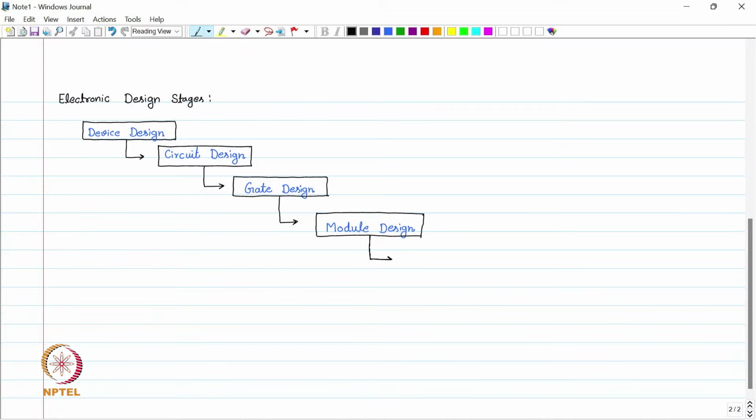After module design, we complete the IC design, or the integrated circuit design. And once we complete the IC design stage, we design the complete system, or we can say the system design.